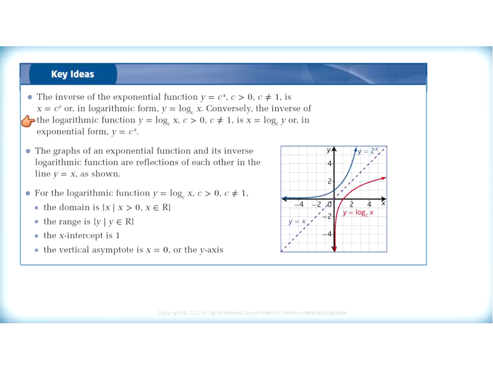Conversely, the inverse of the logarithmic function, y equals the log of x to base c, where c has to be greater than 0 and c cannot equal 1. So when we switch the x and y values, we get x is equal to the log of y to base c. Converting that to an equivalent exponential form, we have c raised to the power of x is equal to y.